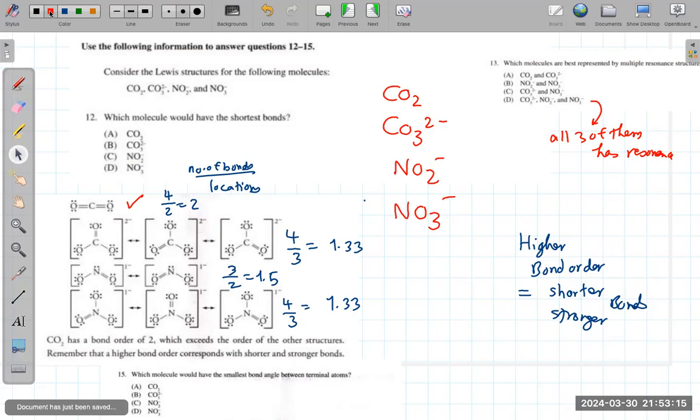So the smallest one of them is the nitrite. This is 180. This is 3 structures, so this is 120 and this is 120. There are no lone pairs in the middle, only bond pairs. And this one has almost 104.5. That's AX2E. So it is NO2 minus. This has the smallest one.